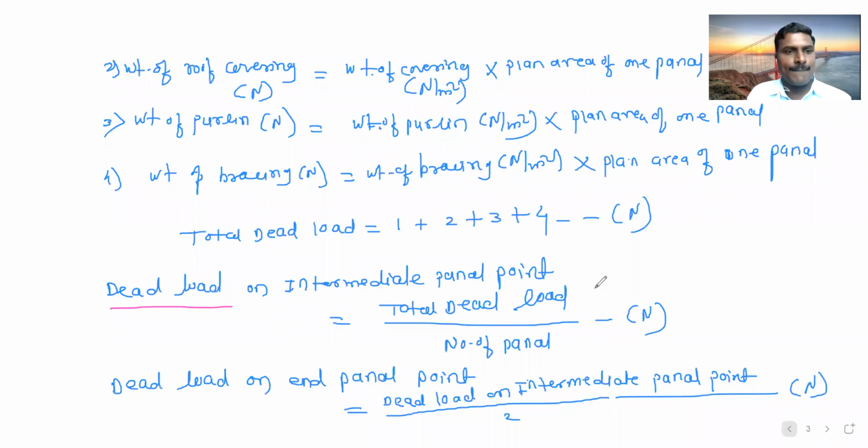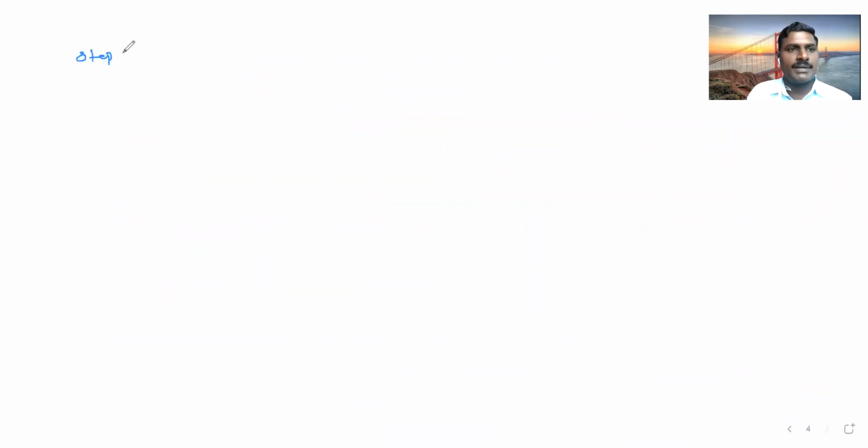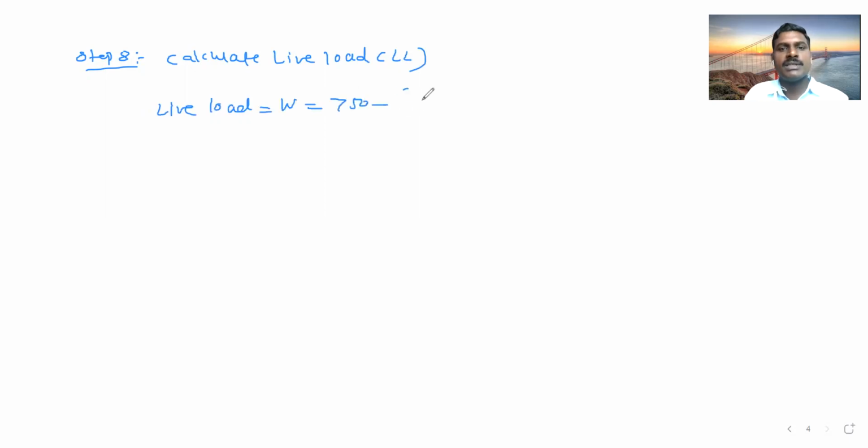Now next step, step number 8: calculate live load, LL. We know the formula: live load W is equal to 750 minus (theta minus 10 degree) into 20.